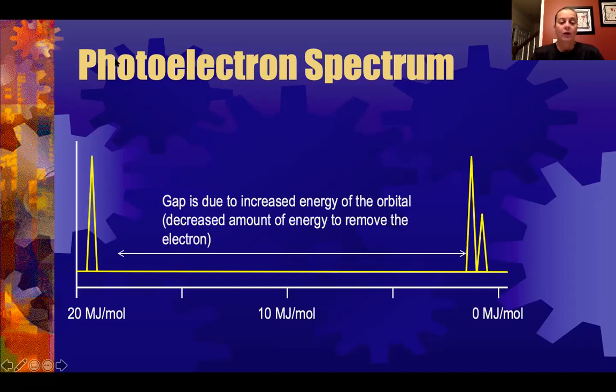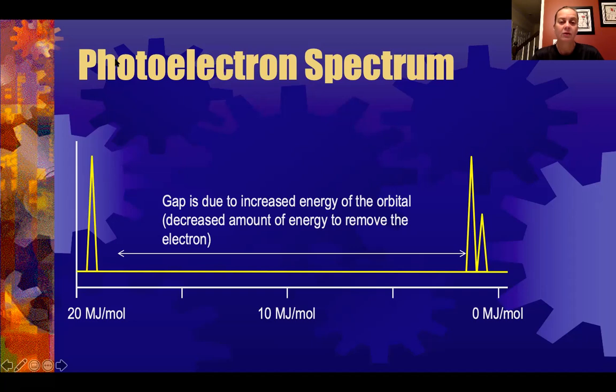Okay. So we're looking at a new spectrum, and in this spectrum, we have a big gap. There's a peak near 20 megajoules per mole, and there are two peaks near 0 megajoules per mole. And you notice that the first two peaks are the same size. That tells us that there were the same number of electrons that required that amount of energy.